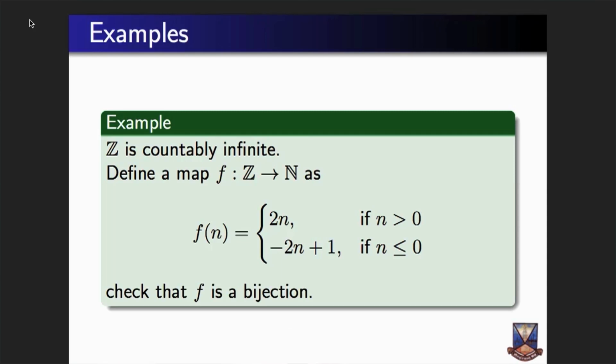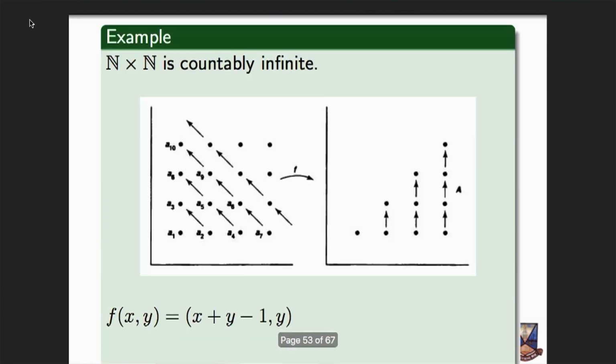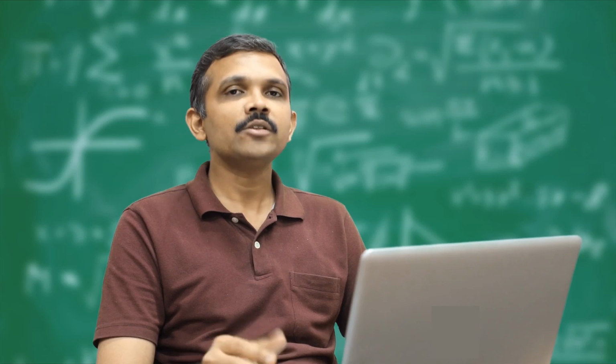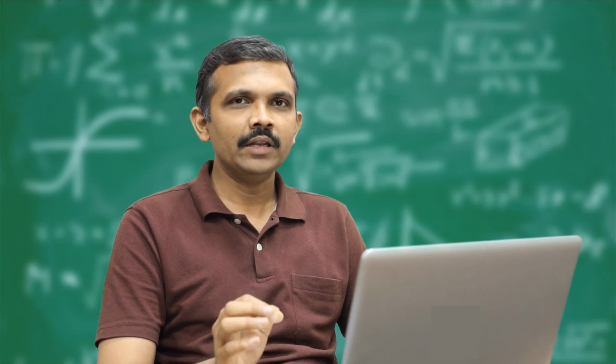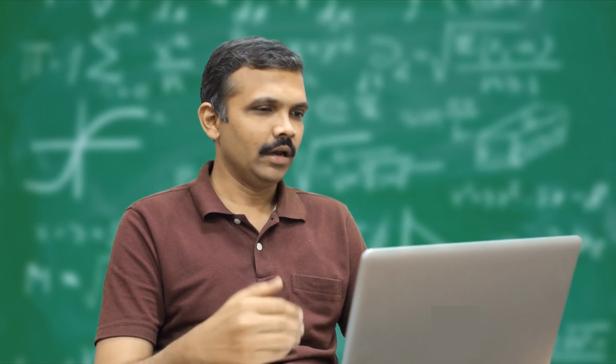Now, let me move to the next example, which is again an interesting example, that is N cross N. You see, N cross N is also going to be countably infinite, but proving it is going to take a little time. First of all, let us visualize what N cross N should be. You can see in the diagram that the elements of N cross N can be plotted in R2 as dots (1, 1), (1, 2), (1, 3) and so on.